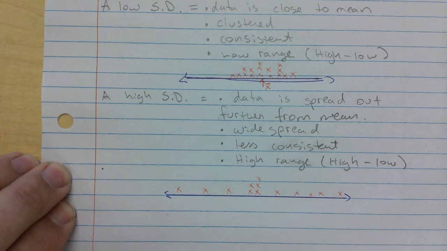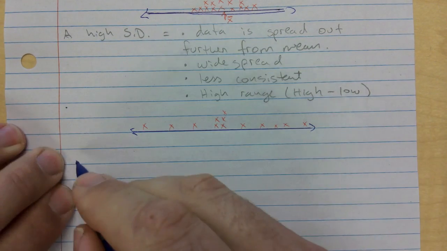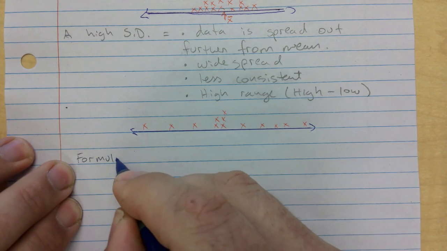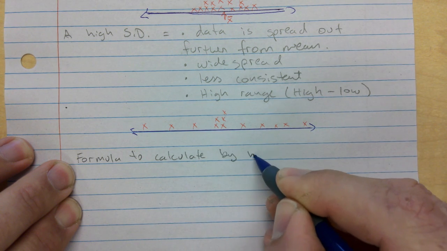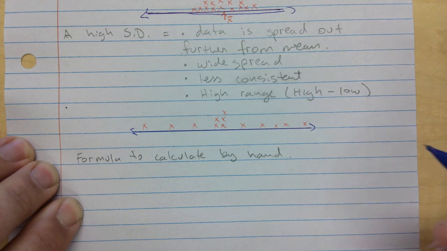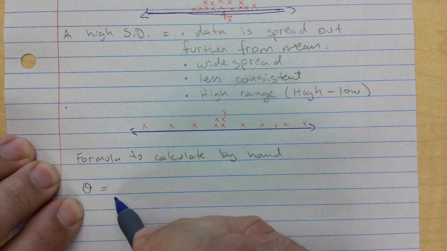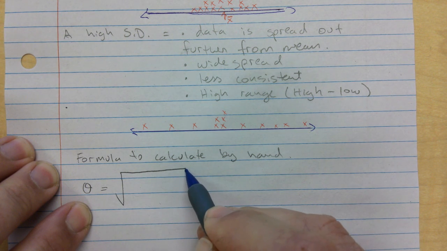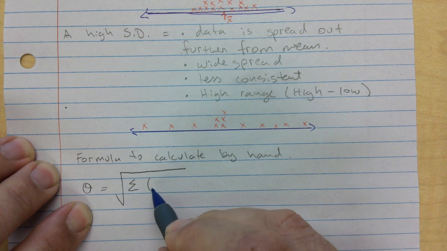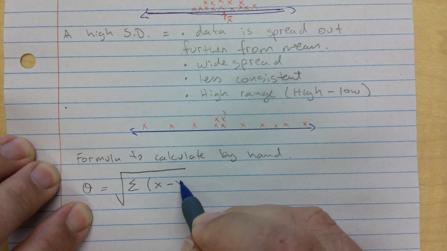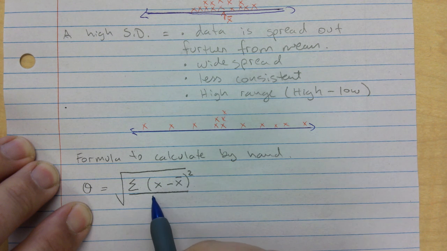Okay, so formula. Formula to calculate by hand. The standard deviation is the square root. It's kind of scary looking. The square root of the sum of x minus x bar, all of that squared, over n.